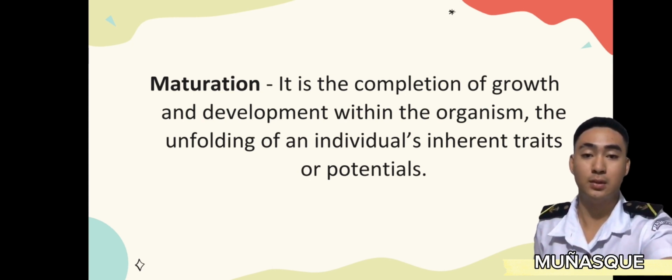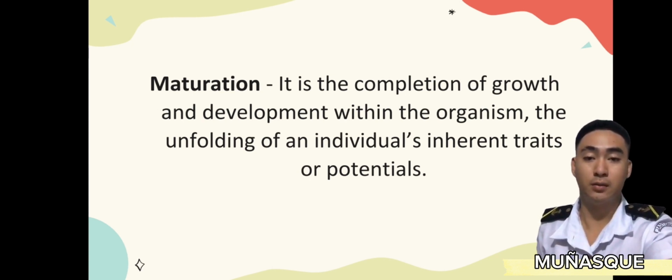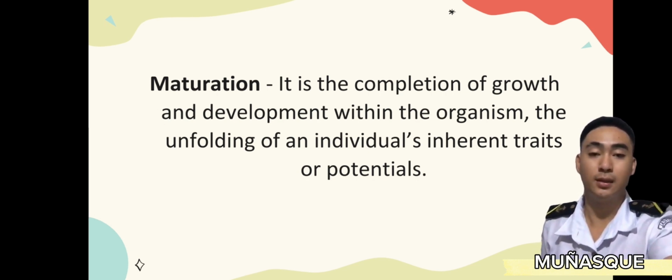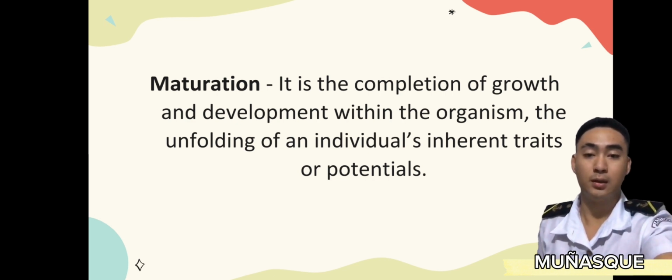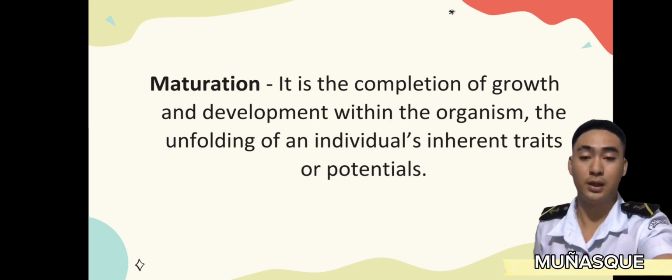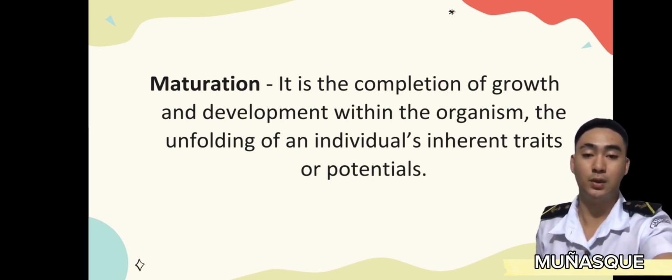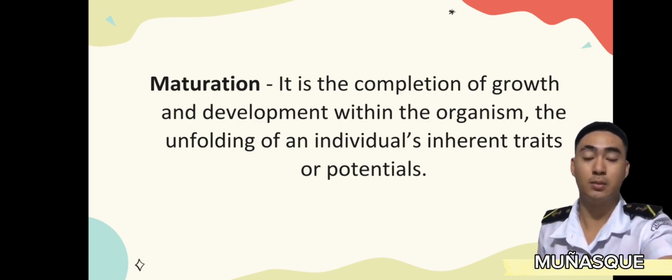Maturation refers to the process of development and growth, typically involving physical, intellectual, emotional, and social changes over time. It is often associated with the natural progression towards adulthood or the full realization of an organism's potential.